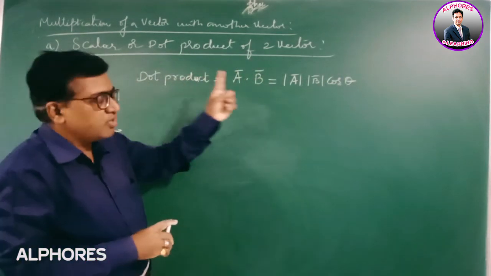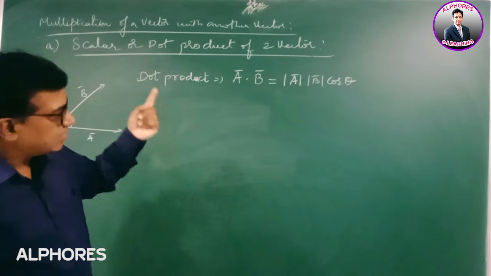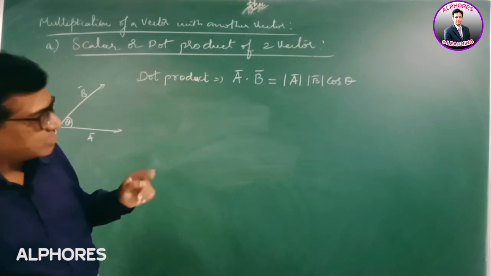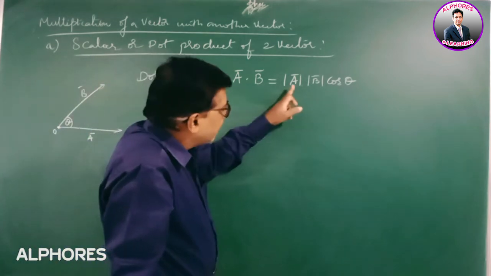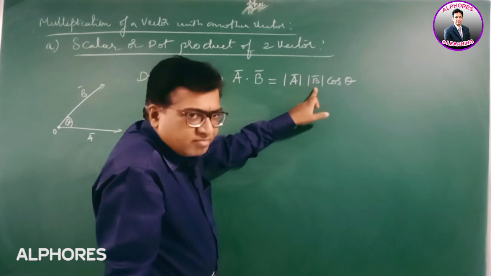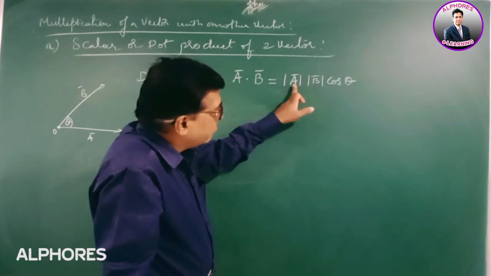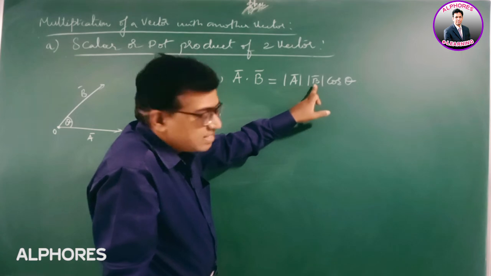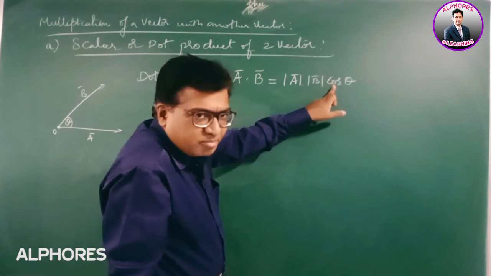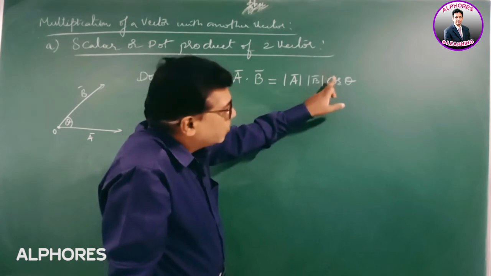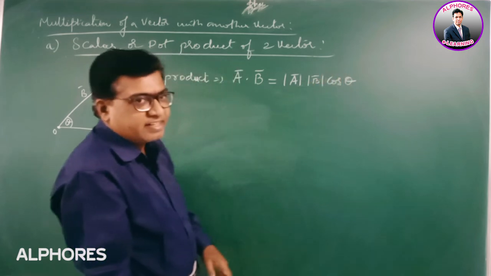The dot product, or scalar product, of two vectors is defined as the product of the magnitudes of the vectors multiplied by the cosine of the angle between the vectors.